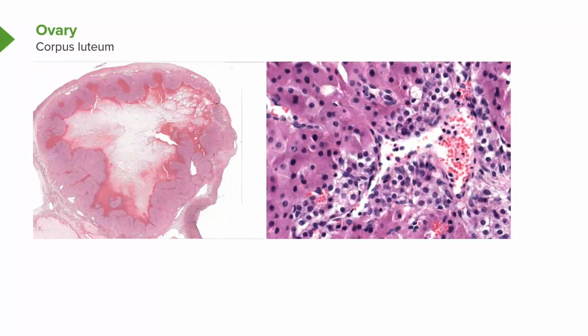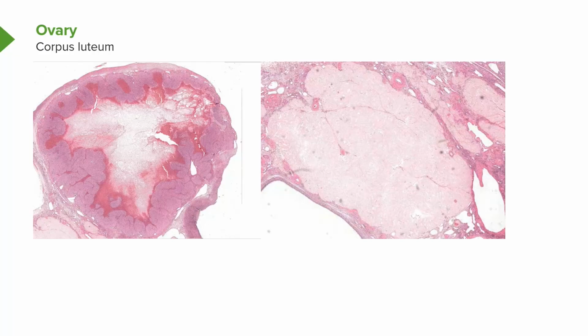The corpus luteum then, after these granulosa cells stop producing progesterone, and as the theca lutein cells stop providing the precursors for producing estrogens, starts to involute. These cells die off. And finally, you're left with a scar called the corpus albicans. And that finally diminishes and is just a fibrous scar within the ovary.